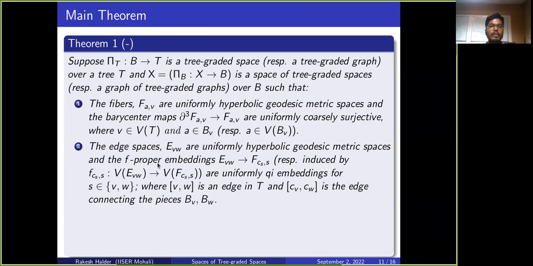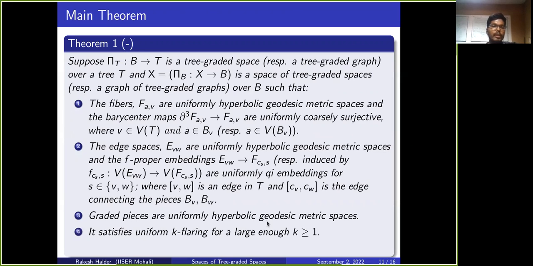The second condition is that the proper embeddings from the H space to the corresponding fibers are uniformly quasi-isometric embeddings. The third condition is that the pieces are all uniformly hyperbolic geodesic metric spaces, and it satisfies uniform K-flaring for a large enough K. Then X is a hyperbolic geodesic metric space.